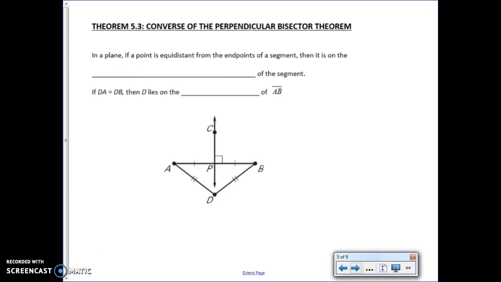The converse of that says, in a plane, if a point is equidistant from the endpoints of the segment, then it's going to lie on the perpendicular bisector of the segment.